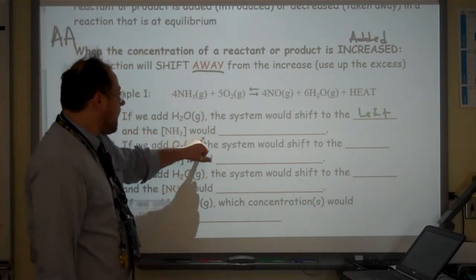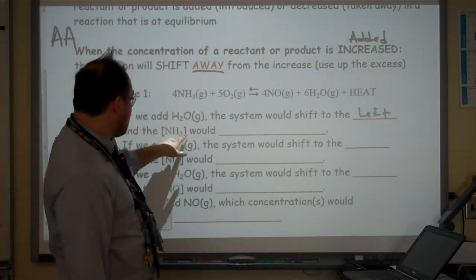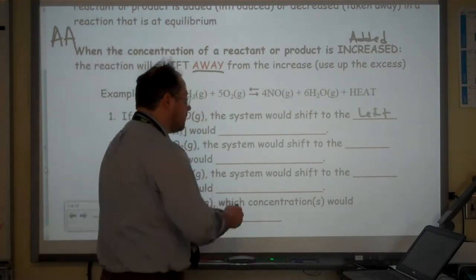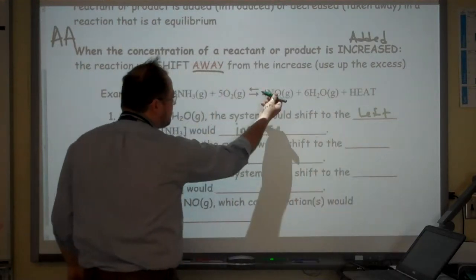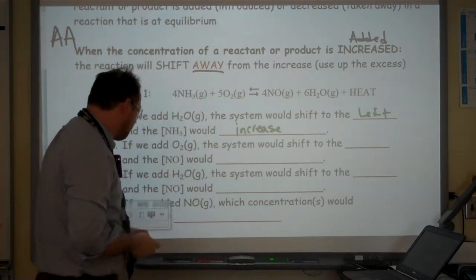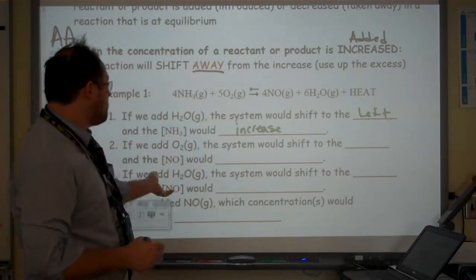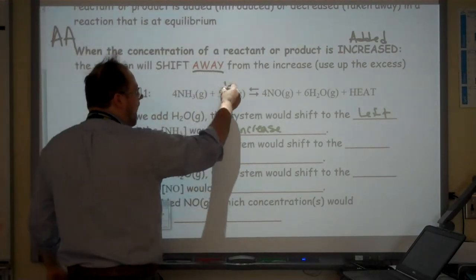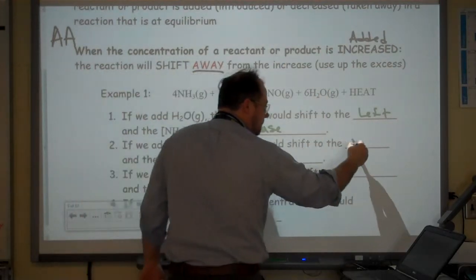And the NH3 concentration, if we shifted this to the left, would increase, because if we shift the reaction to go more towards the left-hand side, there's going to be more of these things that show up. If we added O2, the equilibrium would shift, add O2, so away from what we add, it's going to shift to the right.